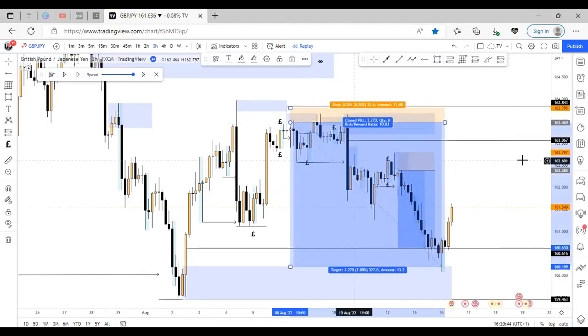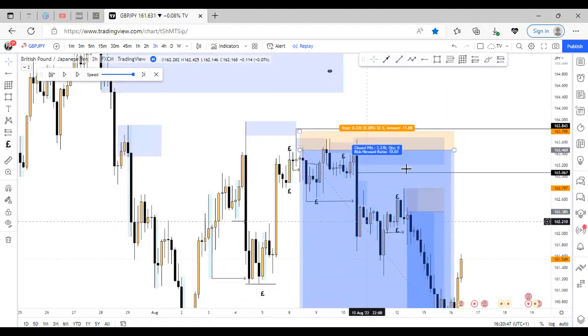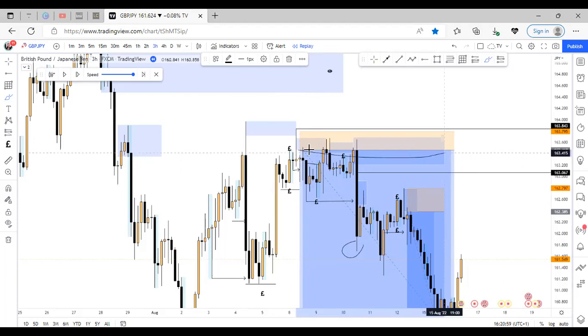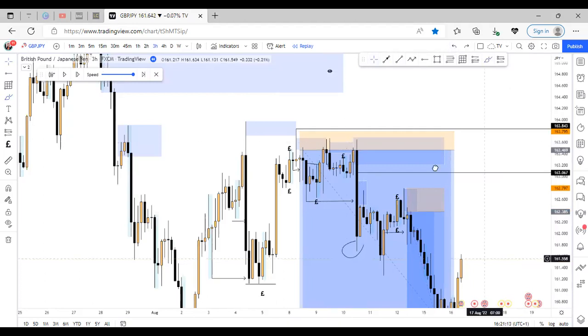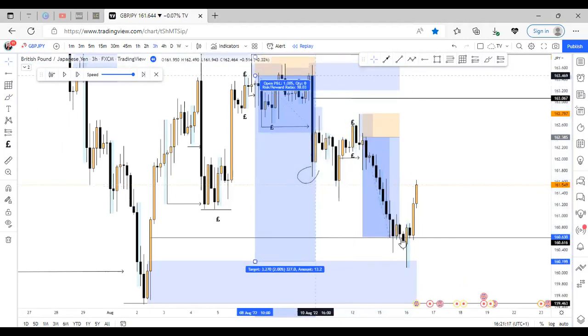But I doubt you would still be in this trade, because when we broke structure right here, you may likely have moved your stop loss to break even, and price came back multiple times. But if you are not the type that quickly moves stop loss to break even, then you would probably still be in this trade. So that's it for this trade.